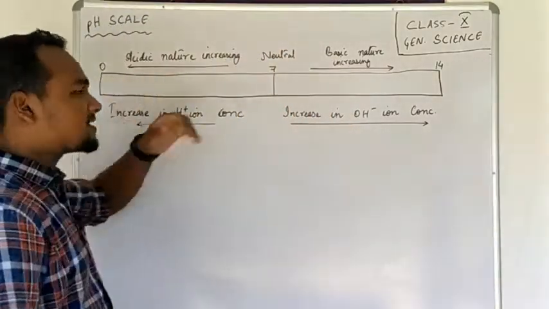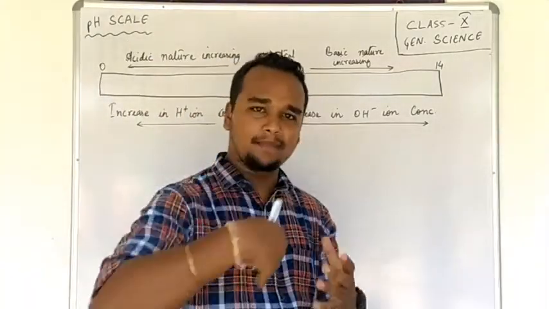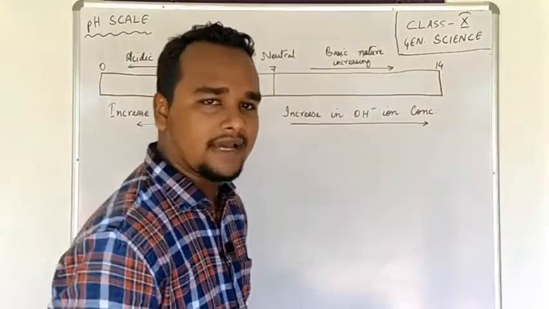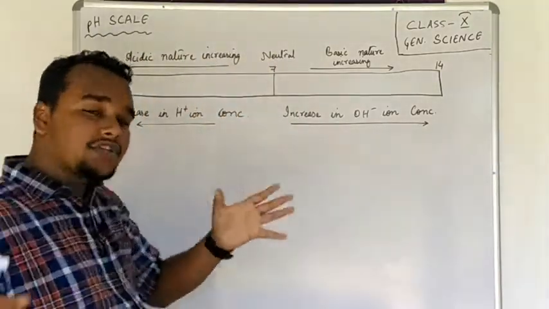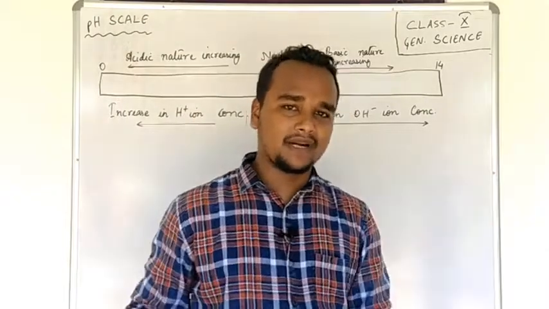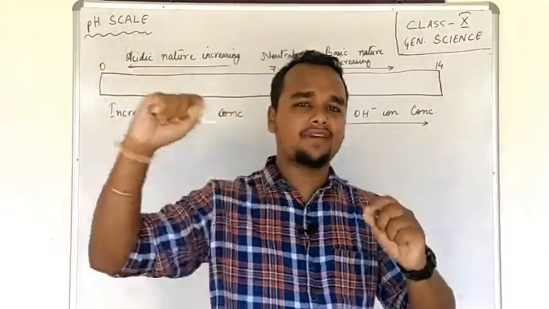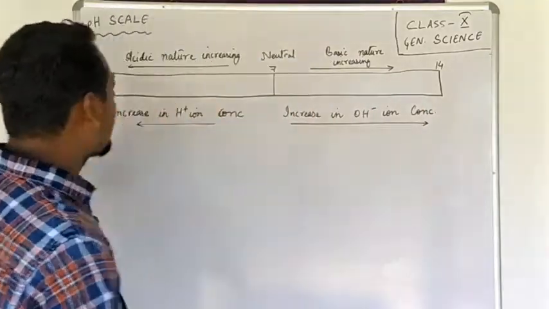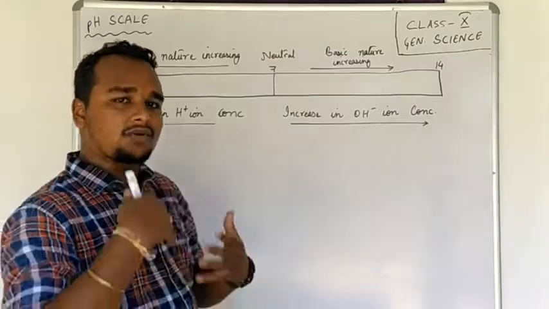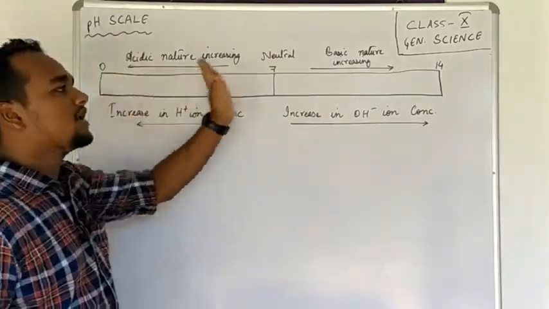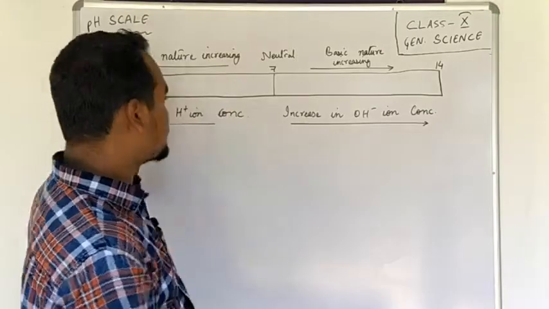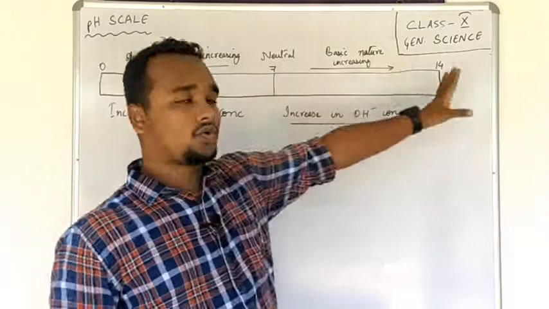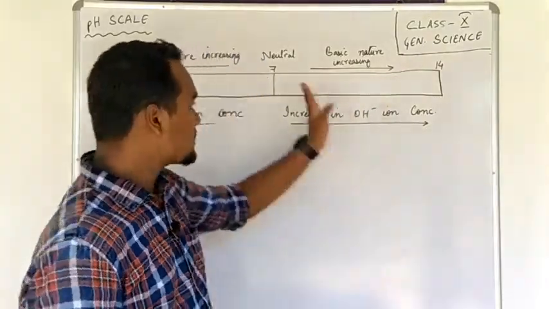Normally you have a scale for measuring length and so on. The scale which you use in mathematics for measuring length also has units: 0, 1, 2, 3, 4, 5, 6, 7, and so on. Similar to that, the pH scale which we are going to learn now also has a scale from 0 to 14, where 7 is the middle one.